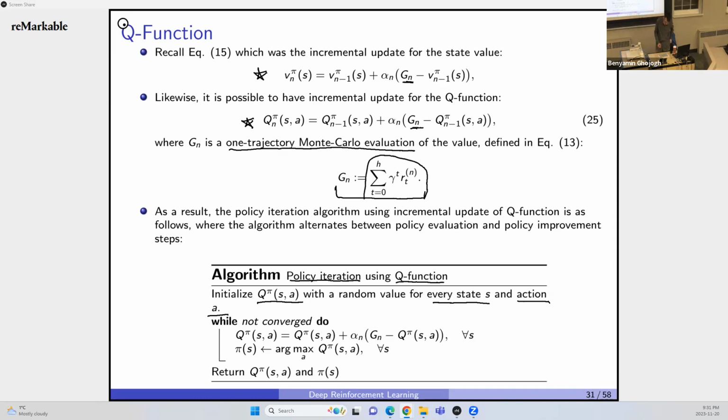How do you do that? What is this? Policy evaluation. What is this? Policy improvement. Do you remember? I said, evaluate the policy, improve the policy.